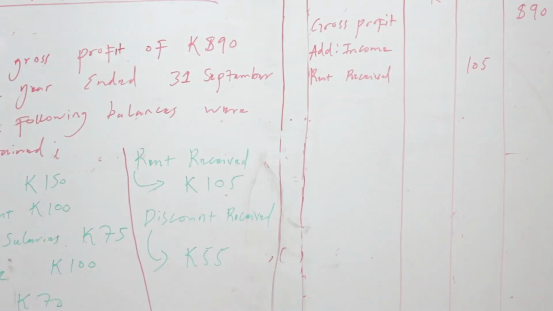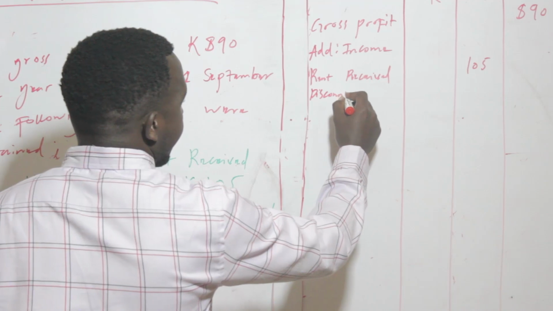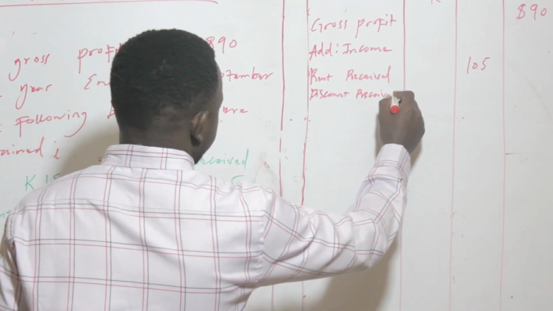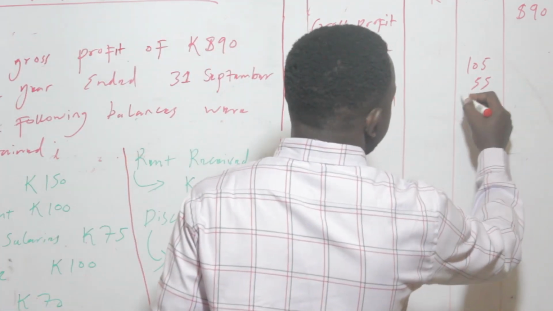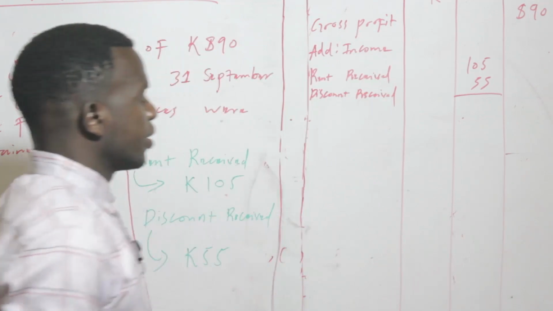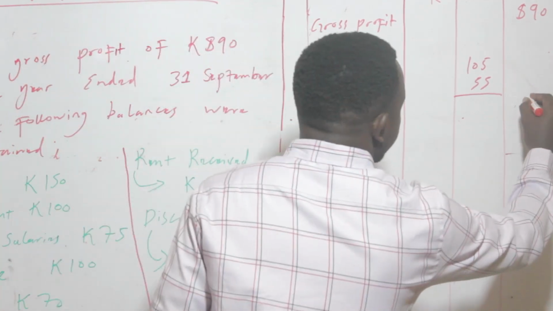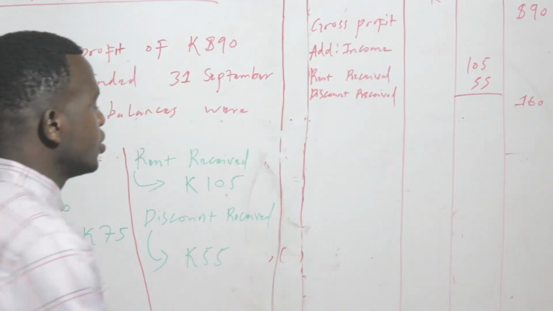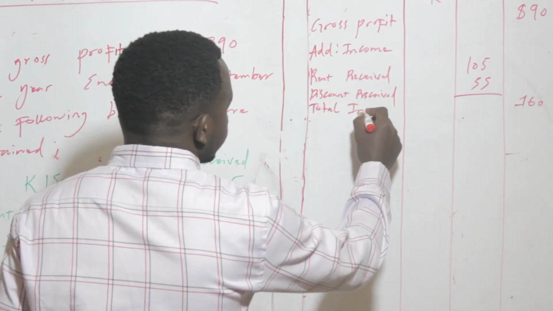Then we have discount receipt amounting to 55. So when we add our 105 plus 55, we're going to get 160. So our 160, that's going to be total income. So say total income.